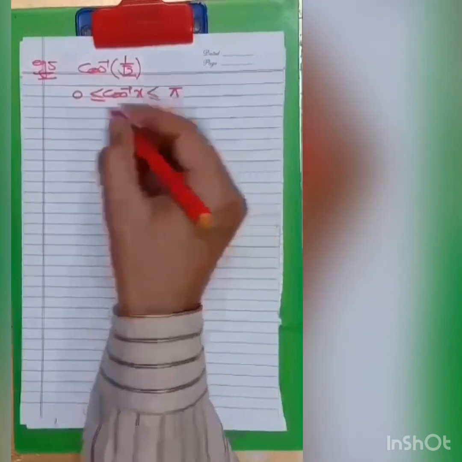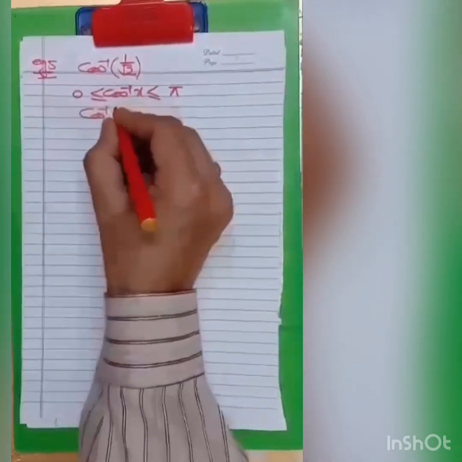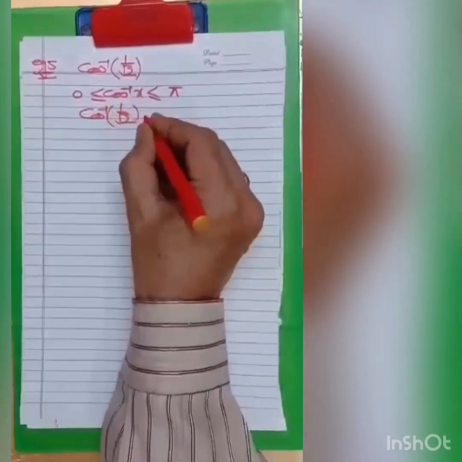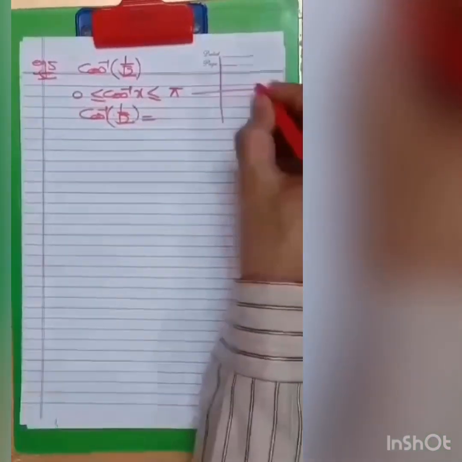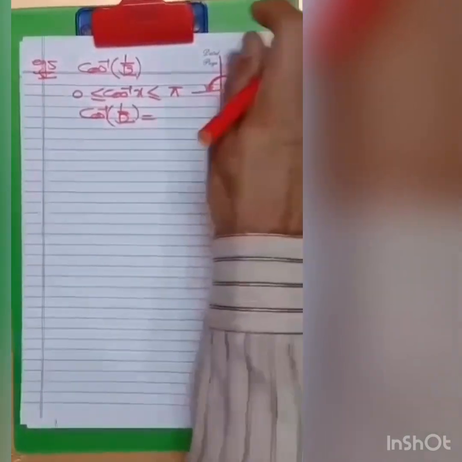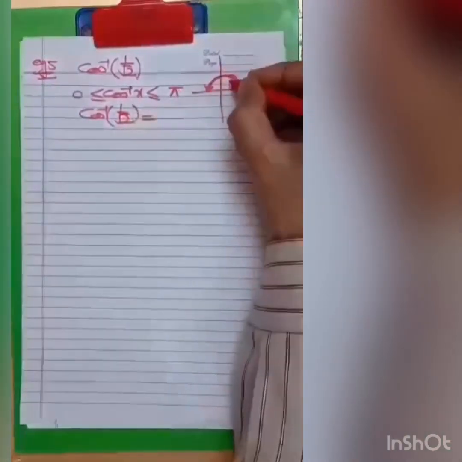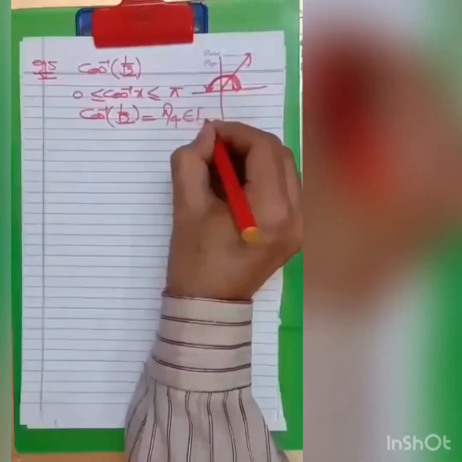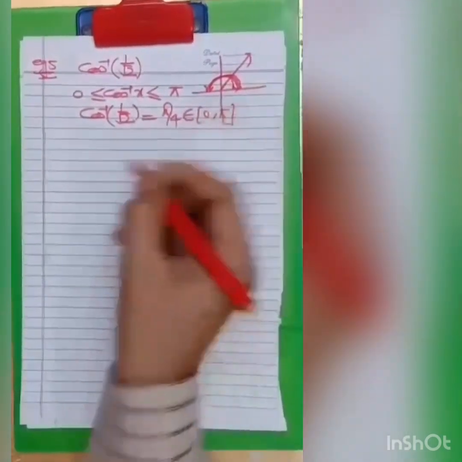How can we find the value of this? First of all, you have to check whether the value is positive or negative. It is positive. It means these are your two quadrants, first and second quadrant. Now its value is positive. It means it is lying in the first quadrant, that is pi by 4 is the value of this.